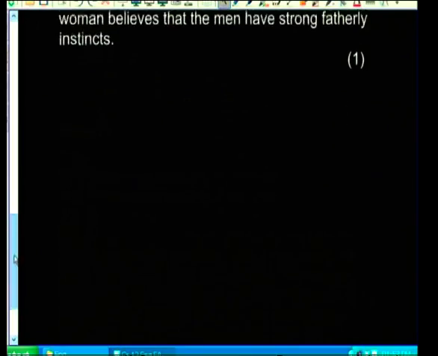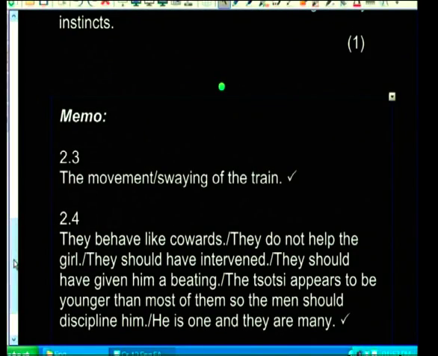I've already explained the meaning of reel in my discussion of the extract, and you will be able to gather what the answer would be. Here we are referring to the movement or the swaying of the train, which causes the young man to be unsteady. So that is what you would write as an answer there.